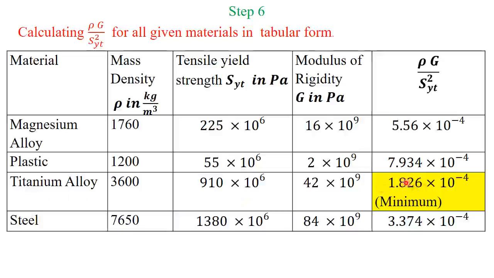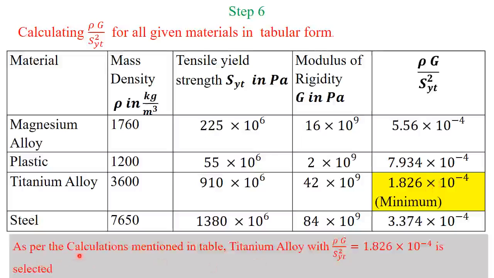It is now found that titanium alloy will give the minimum value of rho G by SYT square. So obviously this is the preferred material, because if we choose this material, it gives us the minimum weight. So this material is to be chosen.